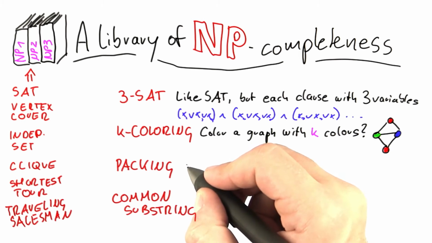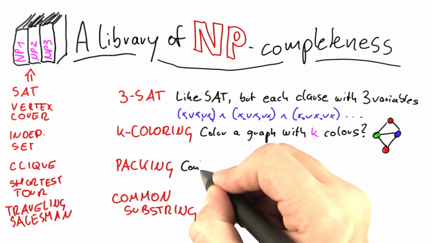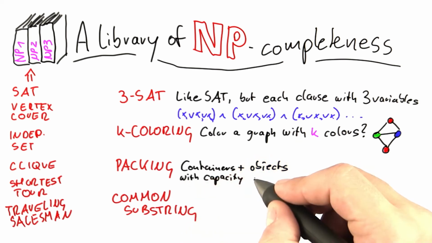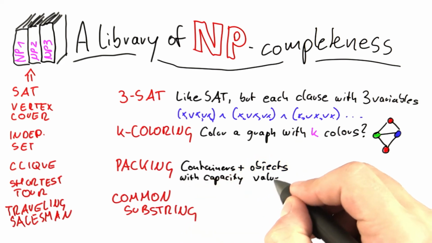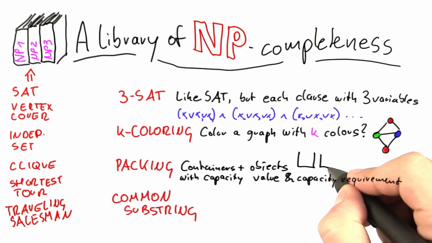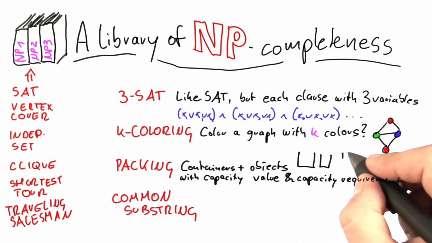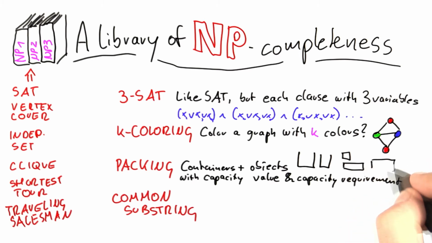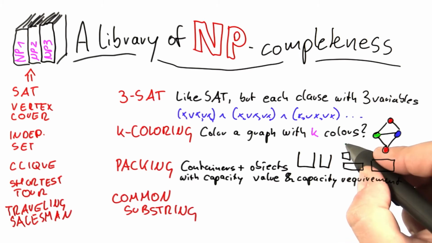For packing, you are given a number of containers and objects, and the containers have a capacity, and the objects have a value and a capacity requirement. So you have containers like this. They can be of different size. And then you have objects. You have little objects, you have big objects, you have very big objects, and they all have a different value.